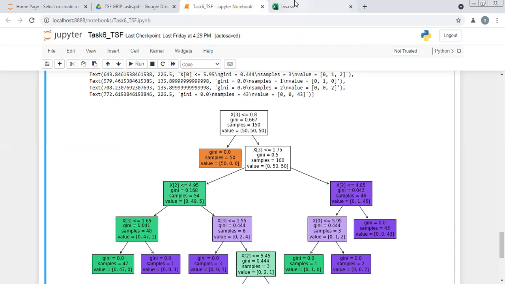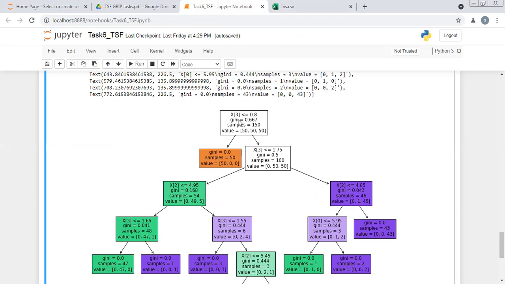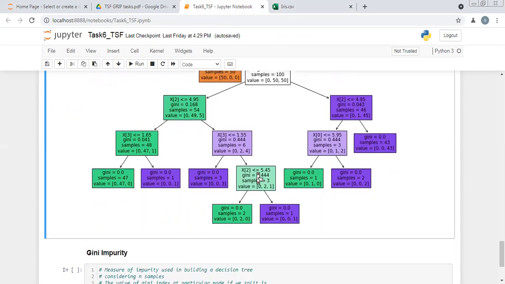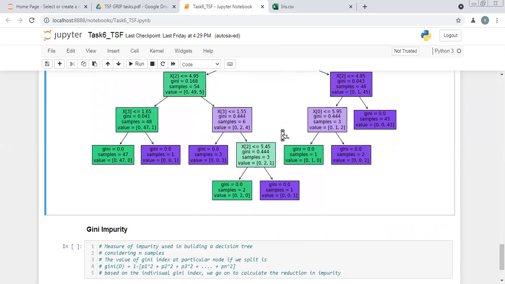Now, talking about the Gini index or Gini impurity, how has it been done? Considering these two nodes, we have split our data set by considering the petal width here. Let me tell you how this Gini index has come about.